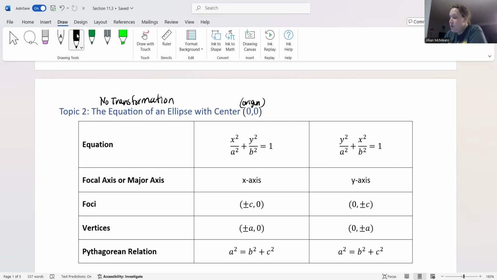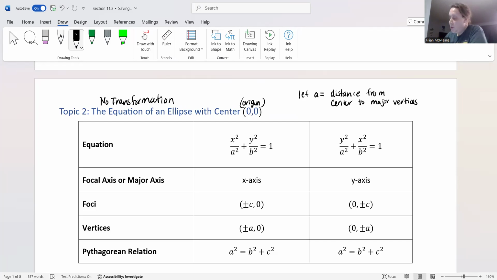Okay. So what I want you to understand here is we let A always be the distance from the center to the major vertices. We don't really call them major vertices, we usually just call them the vertices, but they're the ones that are on the same axis as the foci.